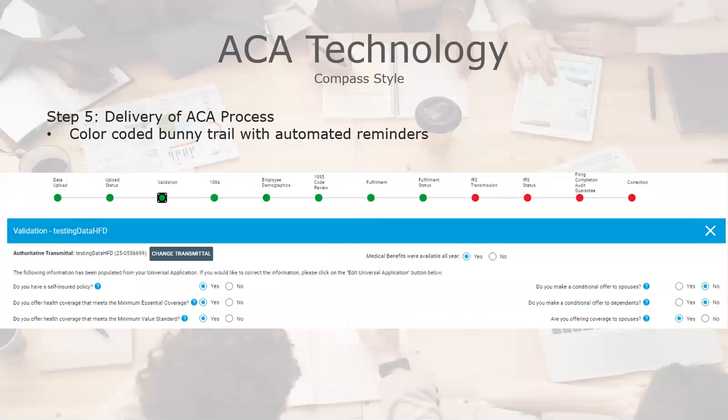Once you have all of the data pieces consolidated through Universal Data, or if you utilized our template and dropped that into the system ready to go, we start with our bunny trail. If you've utilized our system in the past for any of our products, we often use this type of color-coded trail to make sure that you stay on target and on track with which steps are next.